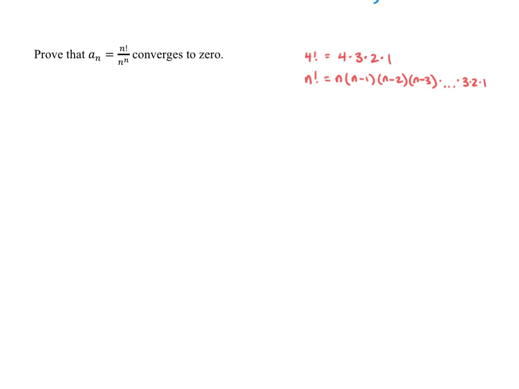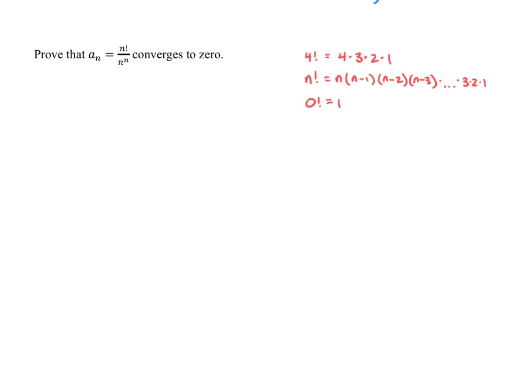I'm representing n factorial as if n was a much larger value, which is what we're going to be looking at, because the values of n will increase indefinitely. So that's the definition of factorial. On a side note, it doesn't really apply here, but by definition, 0 factorial is equal to 1. And that will come up throughout our study.